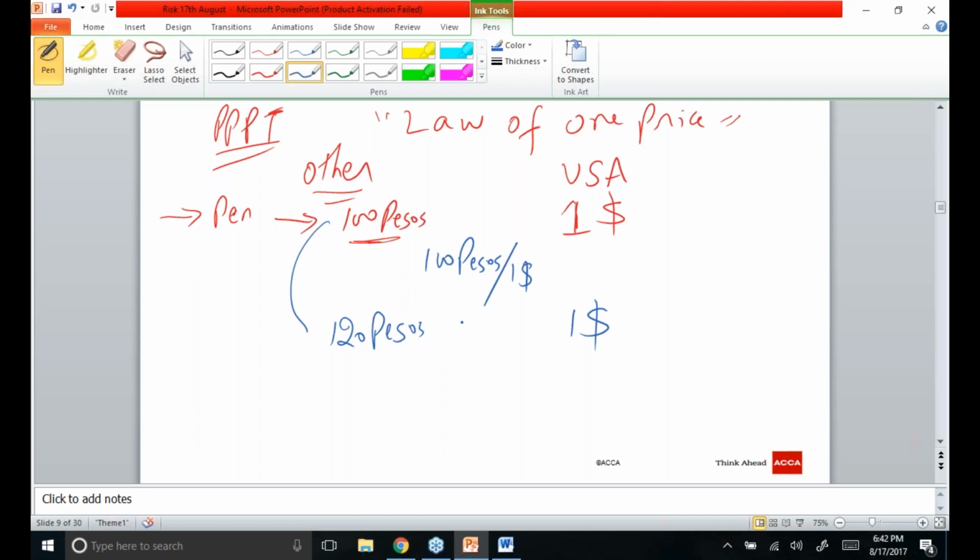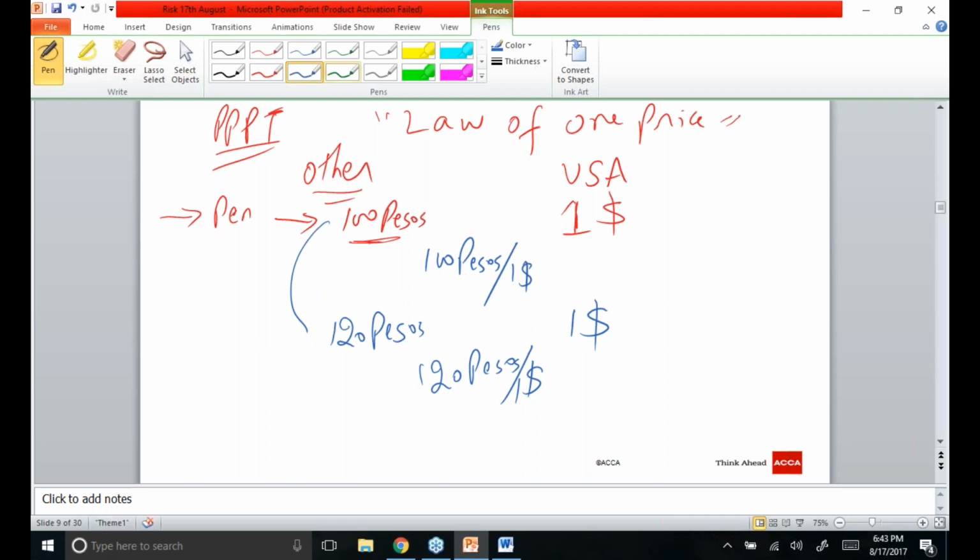No, the law of one price will still hold. The impact of inflation will be absorbed by the exchange rate. The exchange rate will be set like that, 120 pesos over $1. So you spend 120 pesos to buy that pen, or you spend 120 pesos to buy a dollar and using that $1 to buy that pen. So whatever the circumstance, your price will be the same.